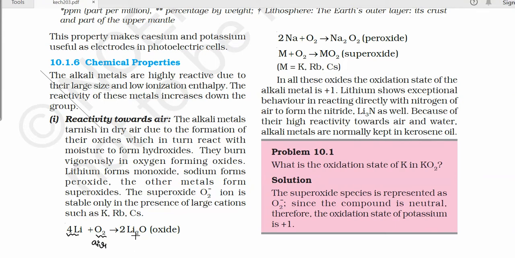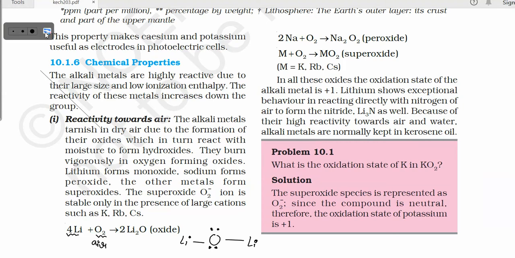Here you can see the oxygen acting as a central atom with two lithiums attached to it, due to the presence of two lone pairs. The structure of this compound will be a bent shape. So lithium oxide is a monoxide: one oxygen is combined with two lithium atoms.